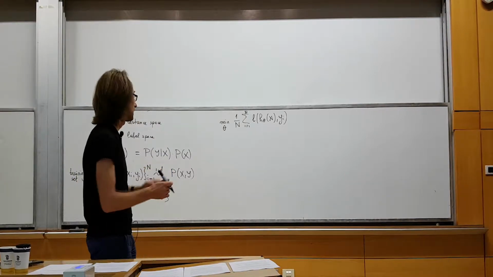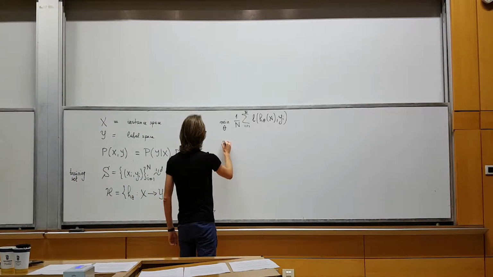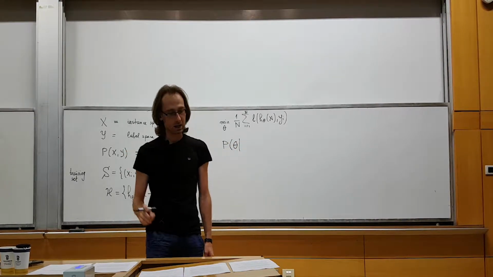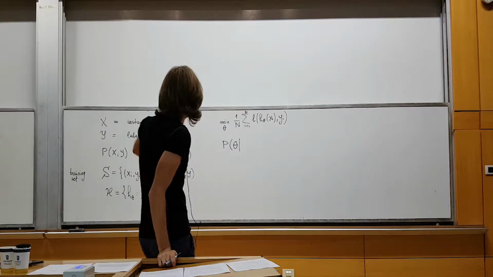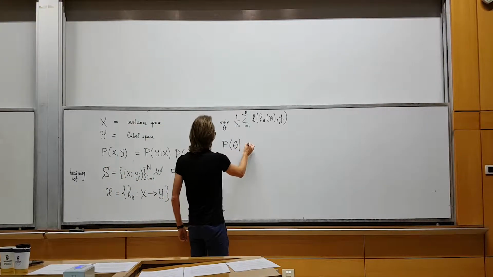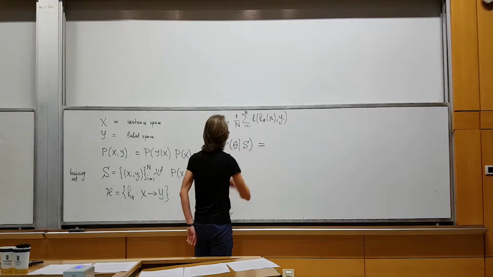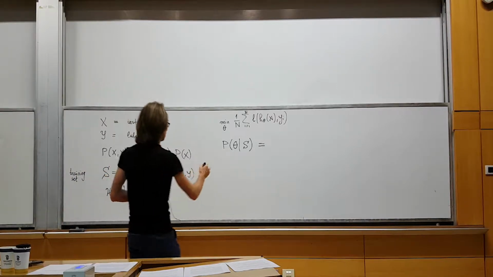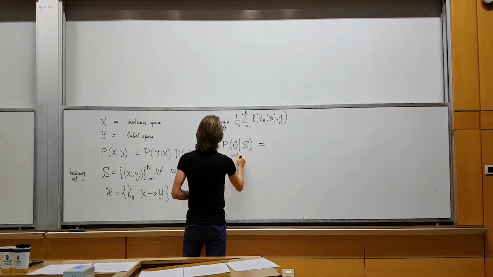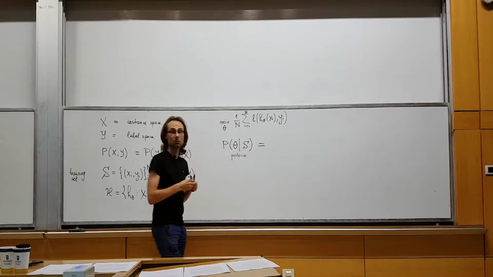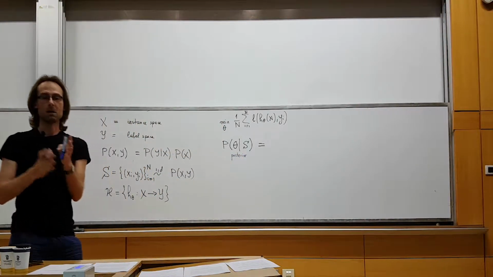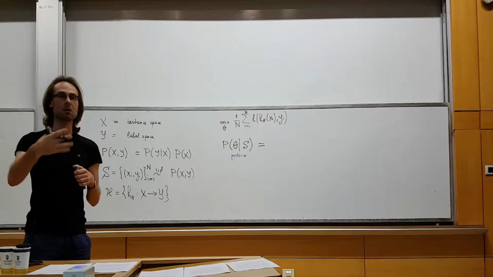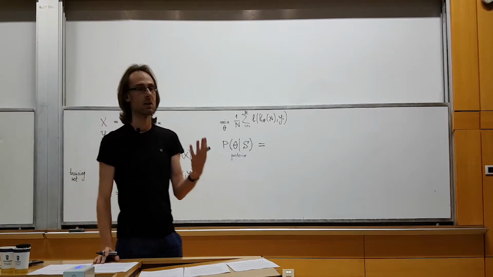So basically, let's build the posterior probability of theta given my observations, right? My observations is exactly this set S. This is the posterior. So I'm observing S and I'm interested in inferring theta, thinking of theta as a random variable, a random vector.